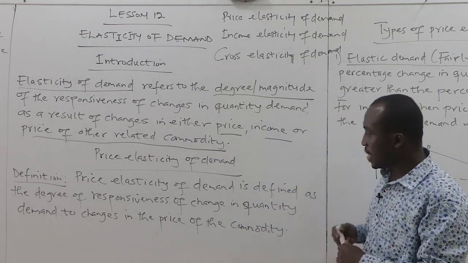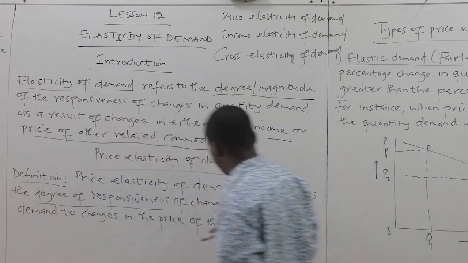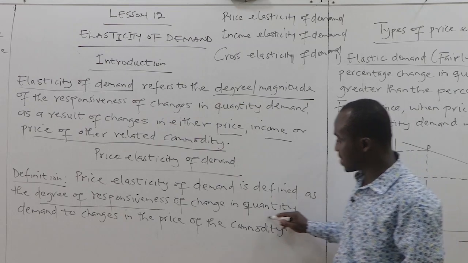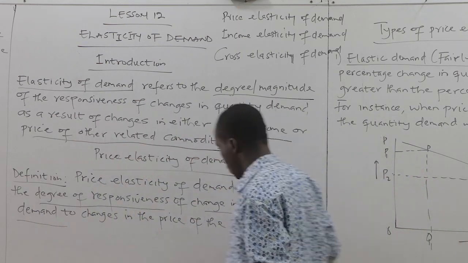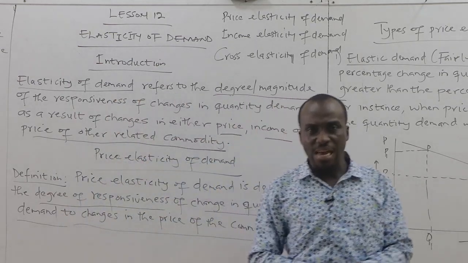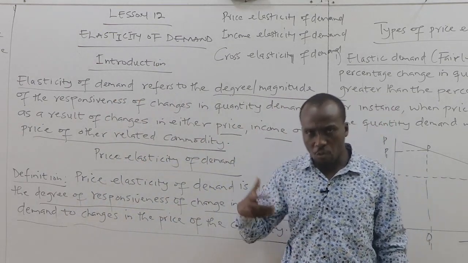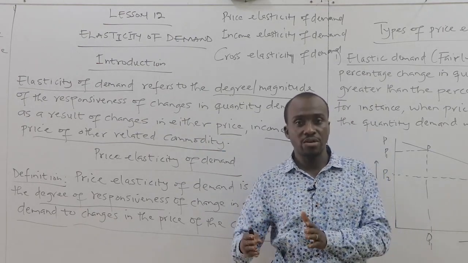So it talks about the degree of responsiveness, the degree to which consumers will change the quantity they are demanding whenever there's a change in price.